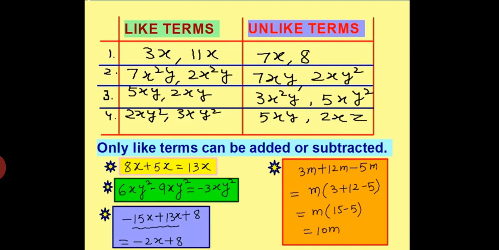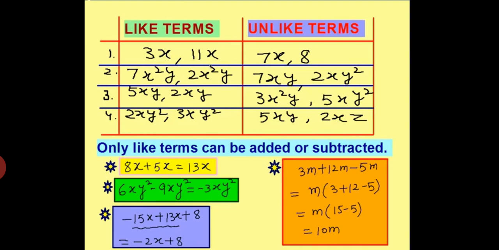See the first example, 3x and 11x. Here the alphabetic letter x is in both the terms. So these are called like terms. But 7x and 8, here 7 has a coefficient x but 8 has no coefficient. So these are unlike terms.